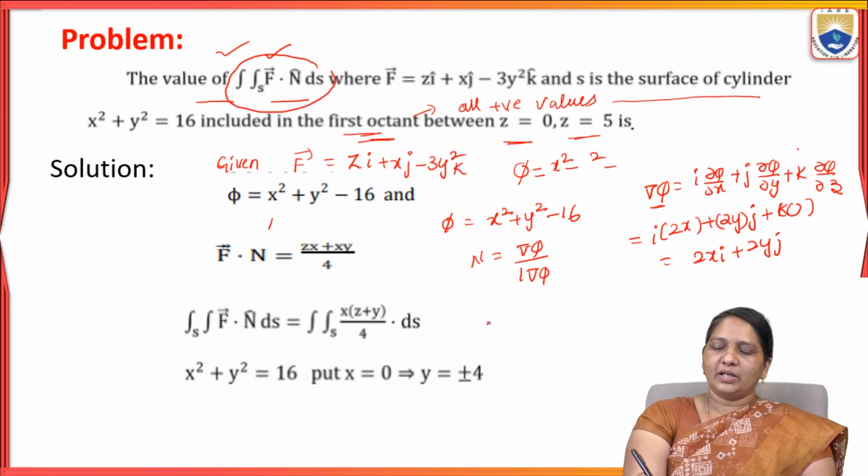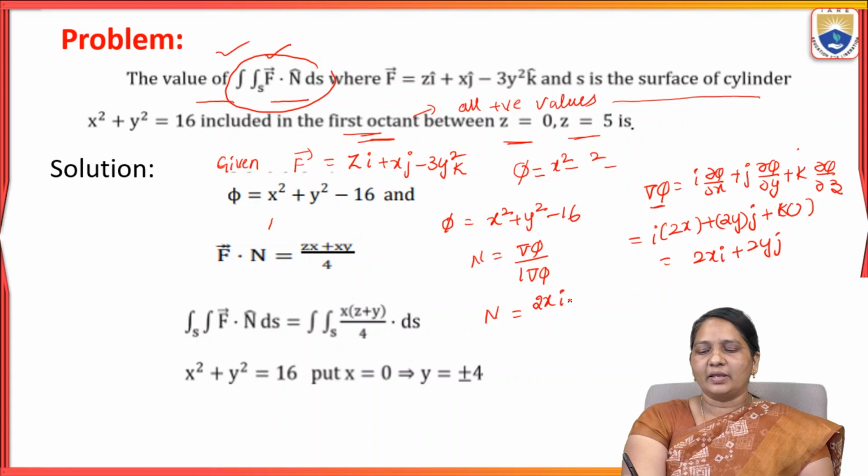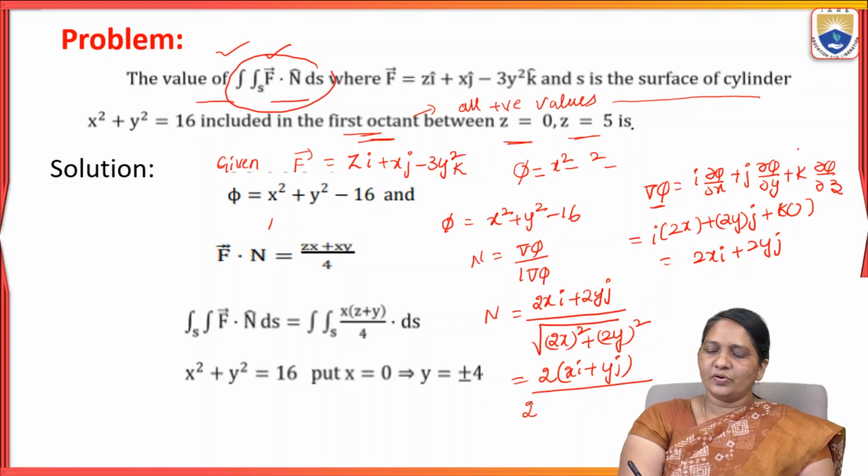Now I am going to calculate n. n equals, what is the del phi value? 2x into i plus 2y into j, divided by the square root of the x coefficient, 2x whole square, plus the y coefficient, 2y whole square. When taking 2 common in the numerator, we get x i plus y j, and in the denominator we have 4x square plus 4y square.